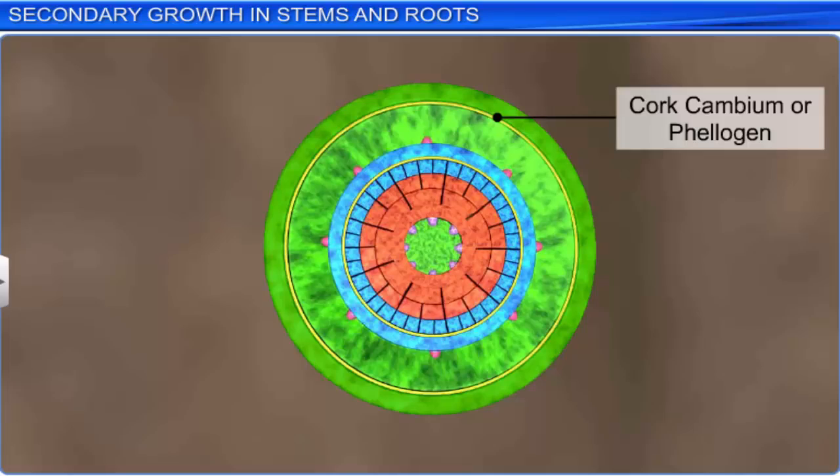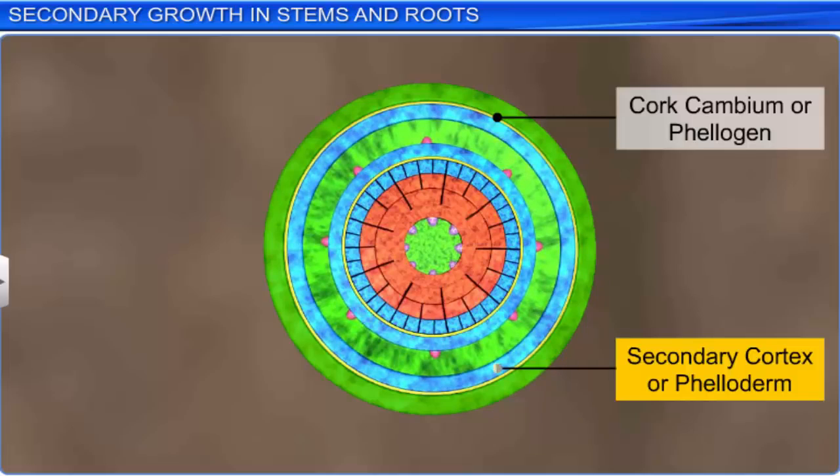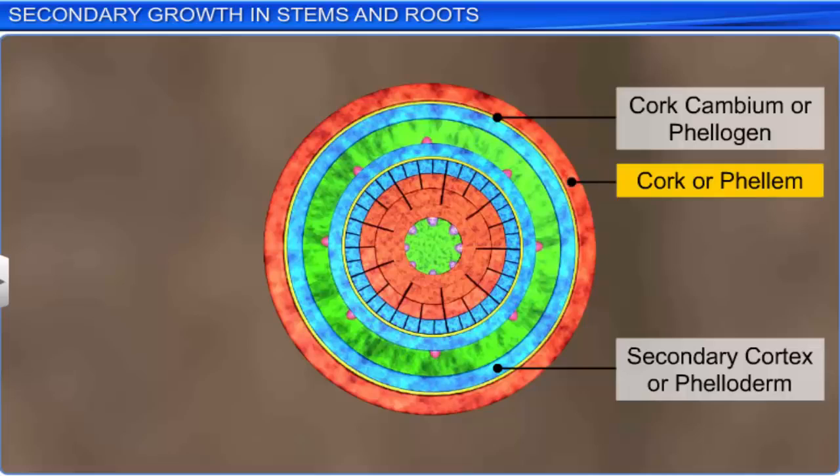In the phellogen, differentiation of cells begins on both sides. As a result, the cells of the inner surface differentiate into the secondary cortex or phelloderm, while the cells of the outer surface differentiate into cork.